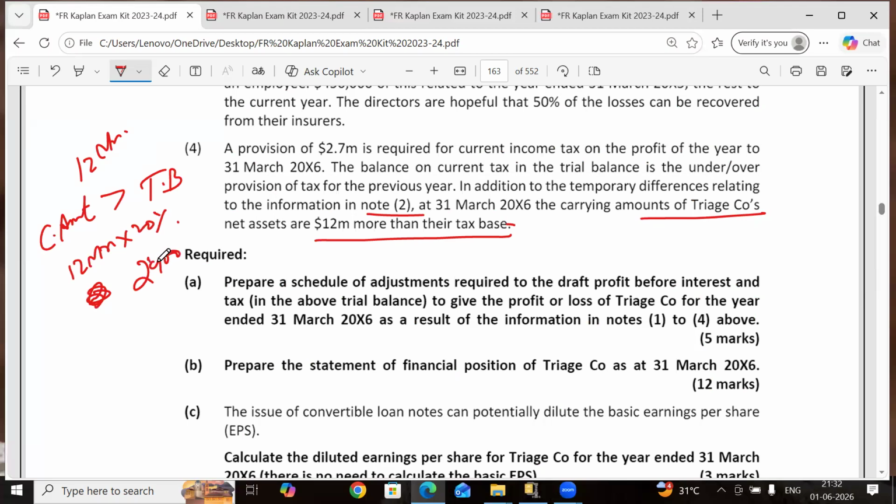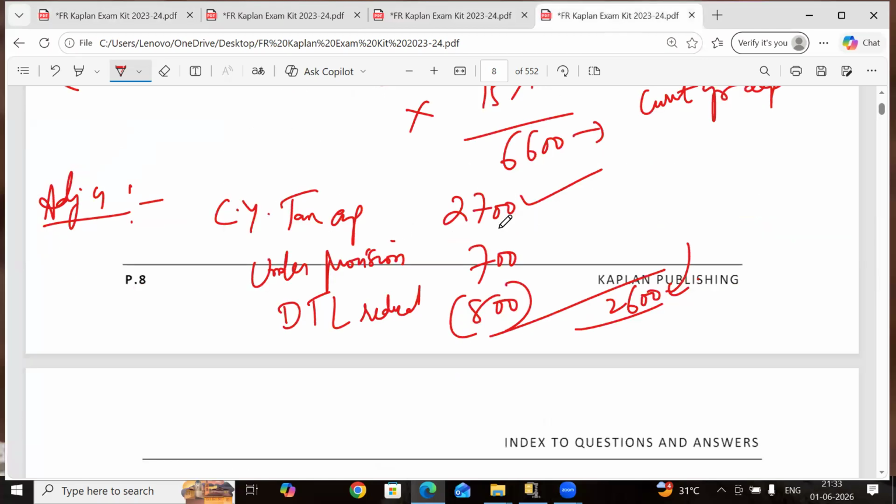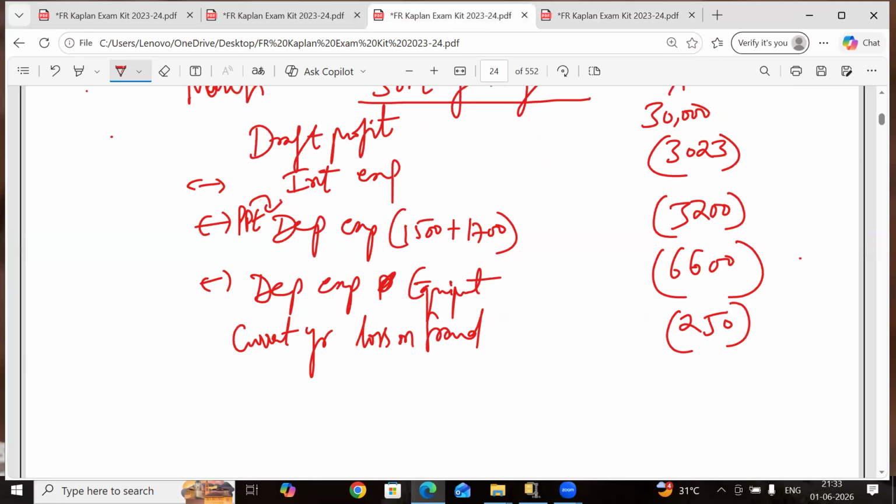This is your deferred tax liability. The balance what you were showing there was this much. Now it is this much. Your deferred tax liability has got reduced. Liability reduced will reduce your tax expense. Sorry, your tax expense 2,700 plus 700 under provision minus 800. So 2,600 is your income tax expense to be shown in the statement.